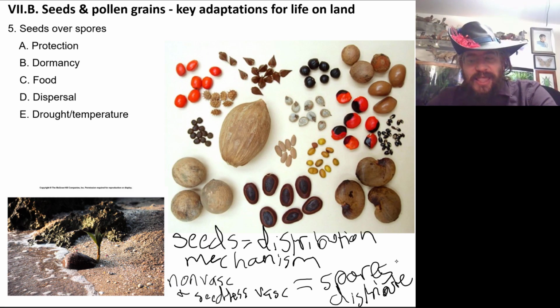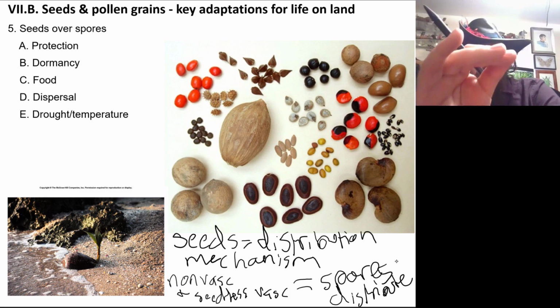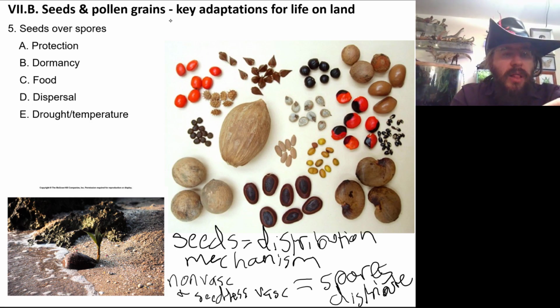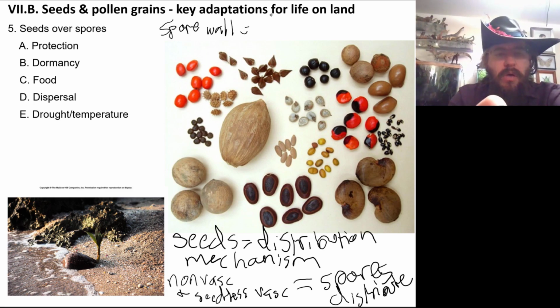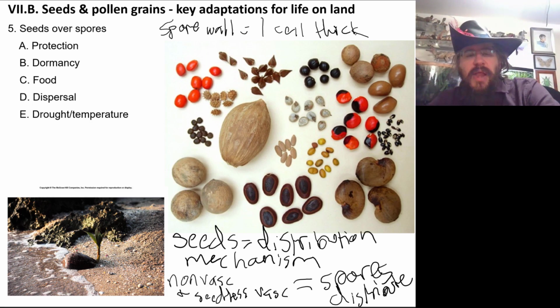One, highly well-developed protection compared to a spore. A spore wall is always one cell thick. Even on our highly reduced plants here that have sporangium retained inside the sporophyte and all that stuff, the spore wall is one cell thick.